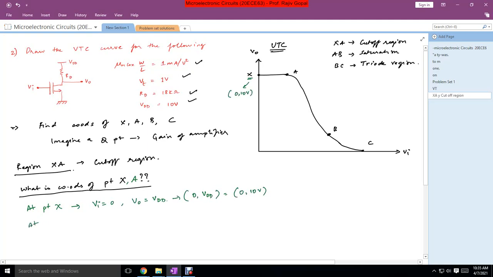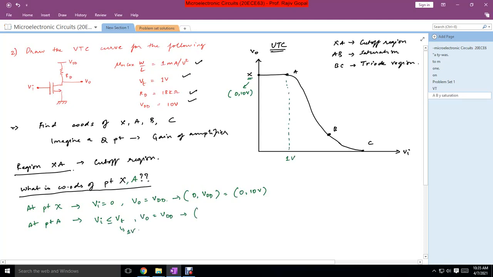At point A, I know my y-axis to be 10 volts, but what would be my x-axis? Because here Vi is less than or equal to Vt, V naught will be actually VDD. Vt here turns out to be 1 volt. So till the MOSFET reaches 1 volt, output will be 10 volts.